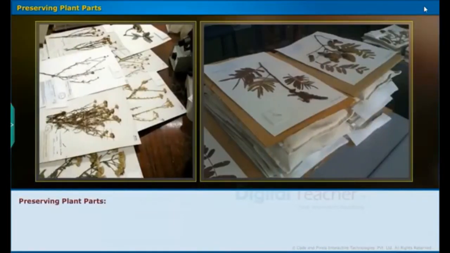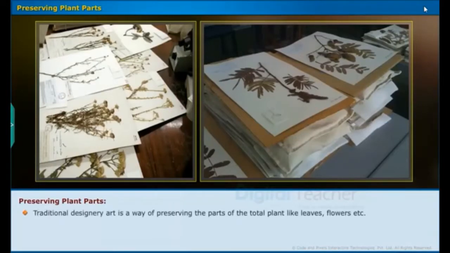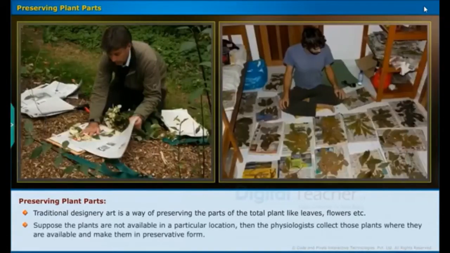Now, let us learn how to preserve the plants and its parts. Traditional designery art is a way of preserving the parts of the plant like leaves, flowers, etc. Suppose the plants are not available in a particular location, then the physiologists collect those plants where they are available and make them in preservative form.